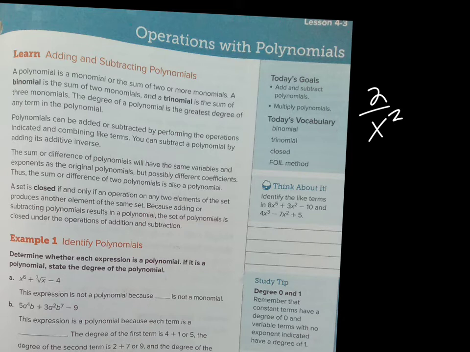And so by definition, that means that it's actually a negative exponent. So if you have a positive exponent in the denominator, that is not a polynomial. Okay? So they have to be positive or zero. It could be a zero exponent or positive for it to be a polynomial.